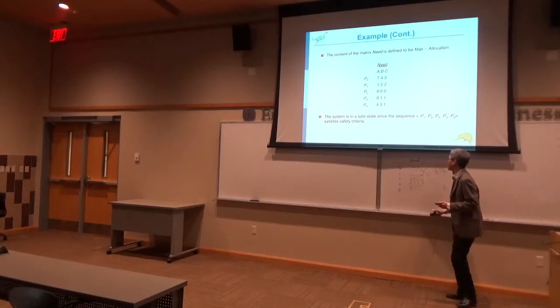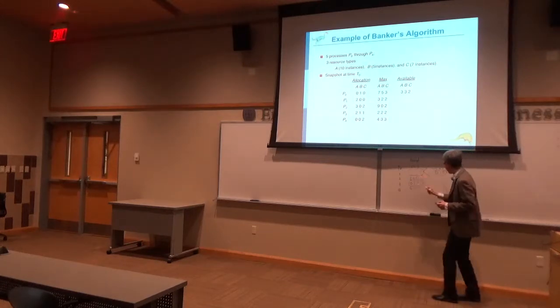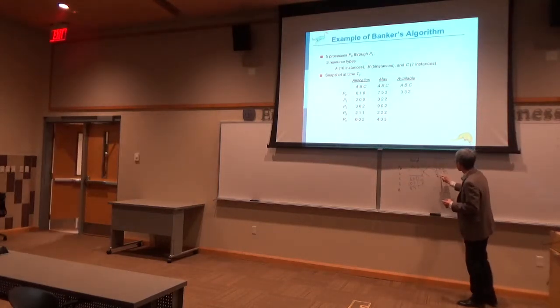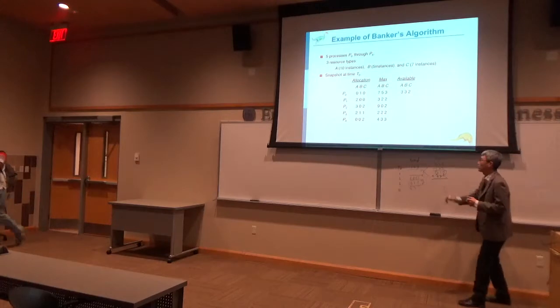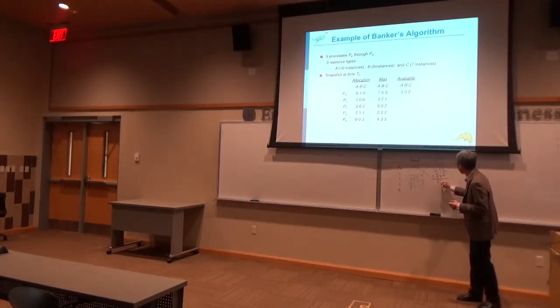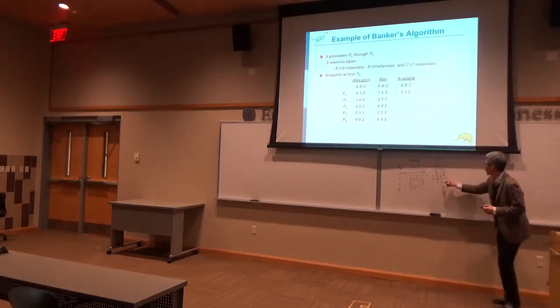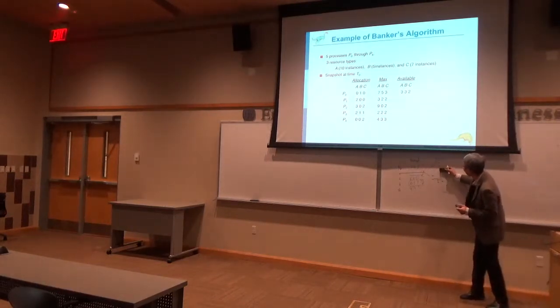No more need. Then P1 returns 3, 2, 2. So once P1 is done, 3, 2, 2 will be returned, and that makes 5, 3, 2. So P1 is done and the currently available is 5, 3, 2.